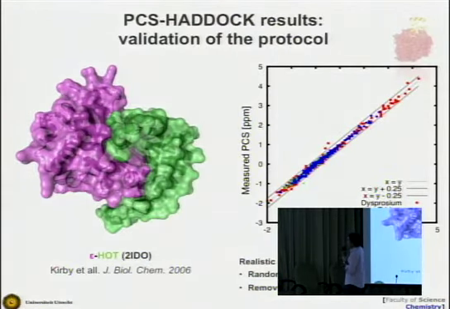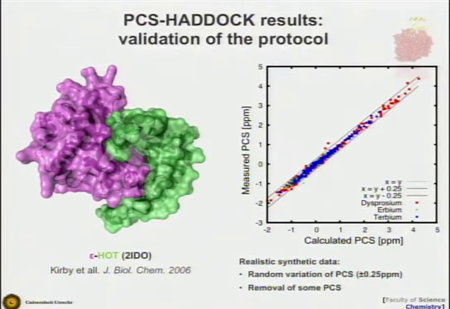So we developed and tested the protocol using first simulated data, adding noise to them, on the epsilon hot complex. These are realistic synthetic data where the errors that we add to the data are in the order of the errors that you measure experimentally. And we simulated different types of metals here.